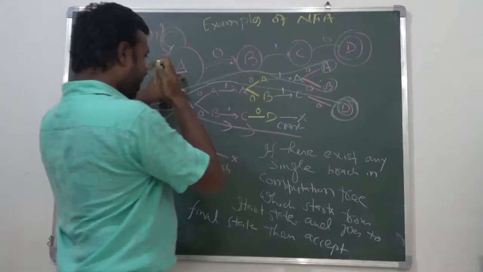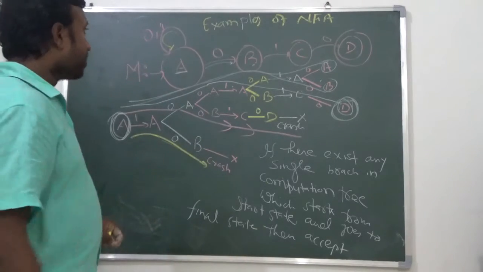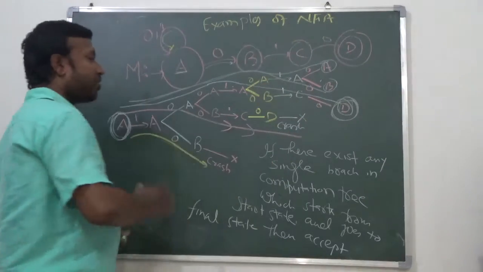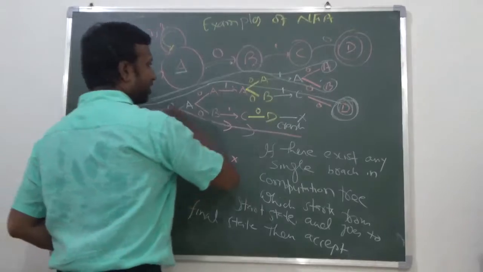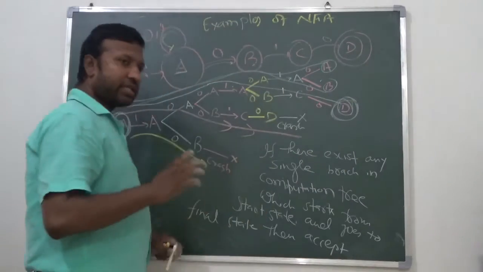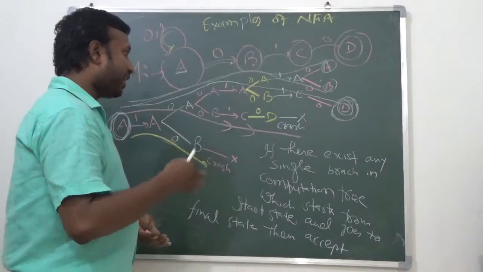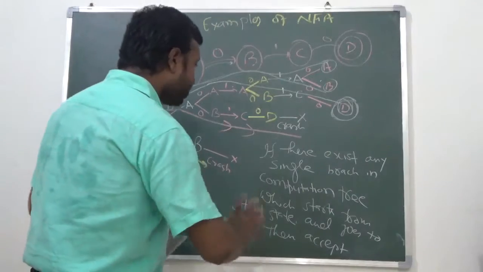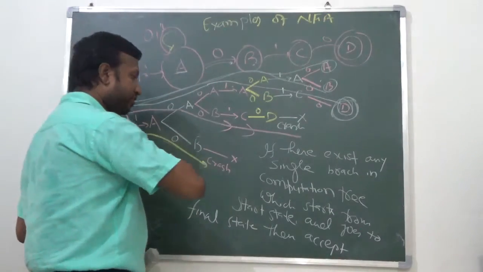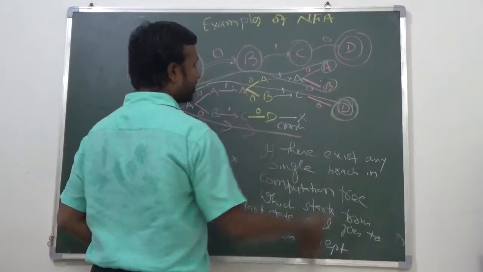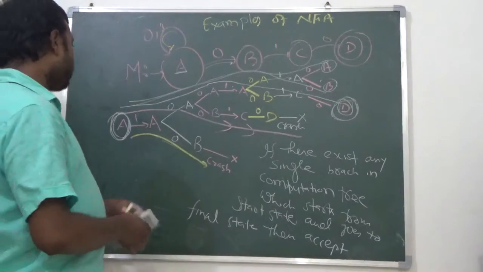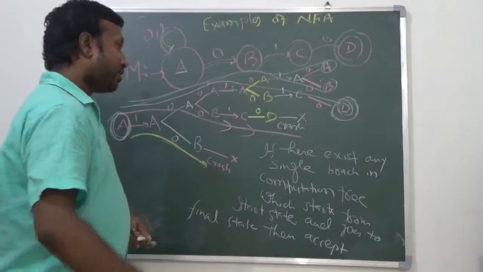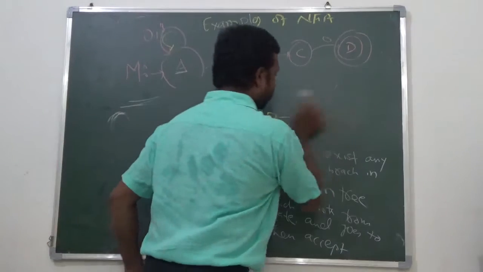It is A. A is also a non-final state, right? So there are a lot of branches which are not accepting, right? But if there exists one single branch, that is enough for saying that the machine will accept. Okay? If no such branch exists which goes from start state to final state by processing all the symbols, then we should reject it. So let's summarize it.